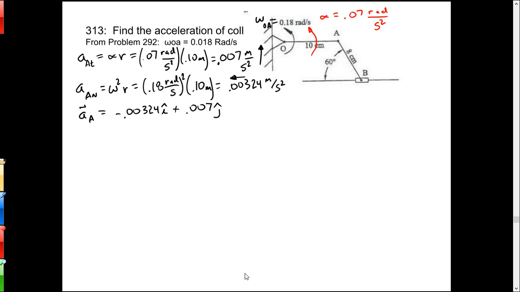So the tangential acceleration of A is going up that way, and that's 0.007. And then the normal acceleration of A is omega squared r, 0.18 times 0.1, negative 0.00324, and that's going that way, in towards the center.